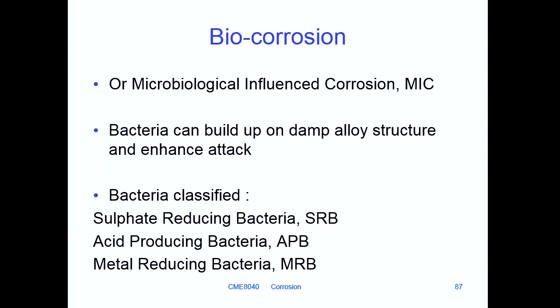So you do need a damp environment, moisture. This isn't going to happen in an exhaust flue or something like that. It's going to happen somewhere where you've got a suitable environment for the bacteria.